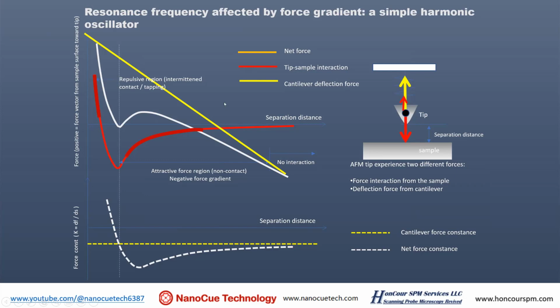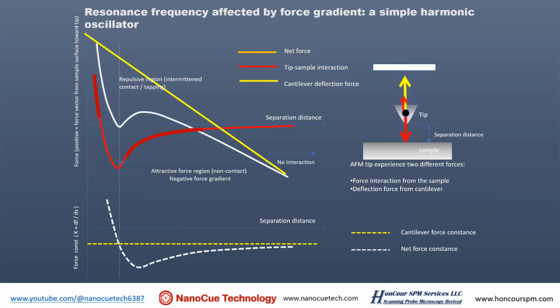The force is never a constant, it's always a gradient. And as the tip gets into the repulsive region, it adds a positive force, or push spring, to the tip. So the spring constant the tip is experiencing increases. So it's getting decrease and increase.